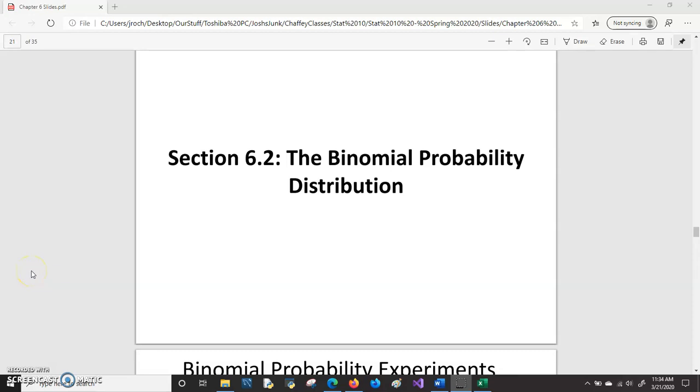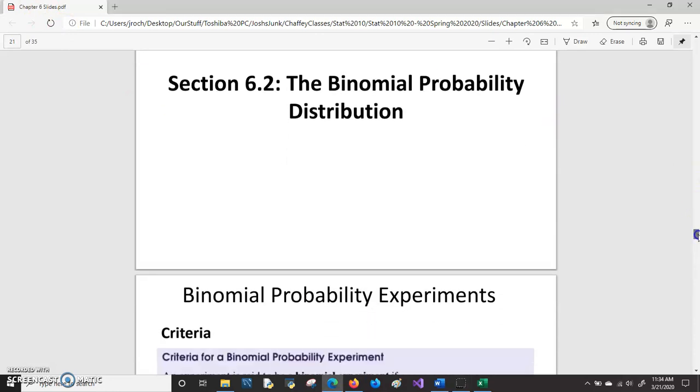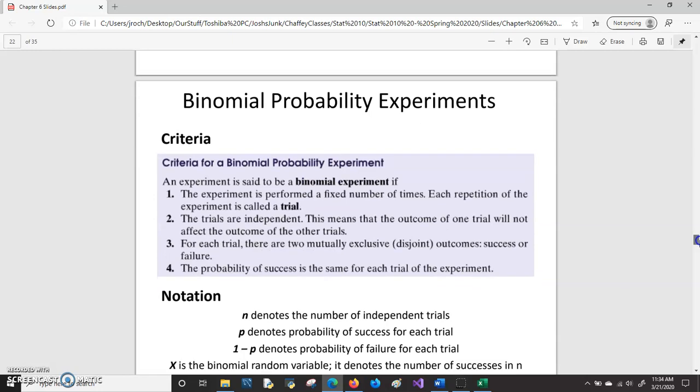Section 6.2 talks about a particular kind of discrete probability distribution called the binomial probability distribution. I'm still in the slides, the Chapter 6 slides, and in the slides, it goes into some detail.